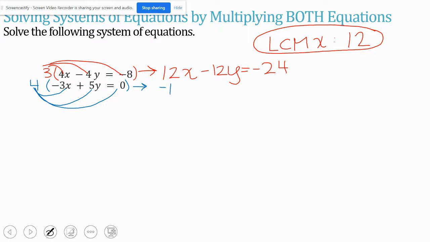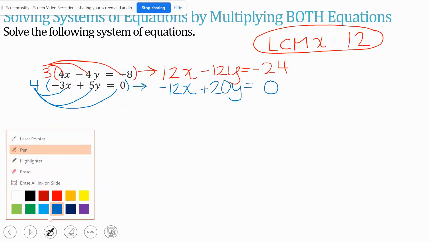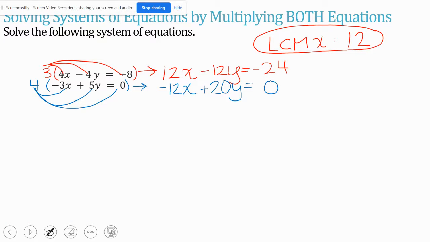That gives me a -12x plus 20y equals 0. So just multiplied everything by 4. So now you can easily see we have a set of additive inverses here. So I'm going to add these equations together, and these, when I add them together, are going to cancel out.